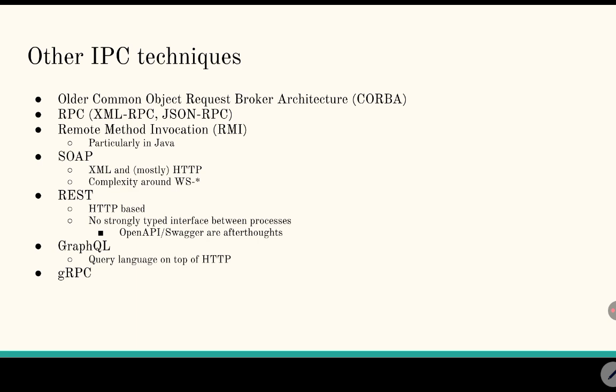However, it was very bulky, and it was based on the text-based HTTP protocol, and there were so many other specifications around web services, normally referred to as WS asterisk, right?